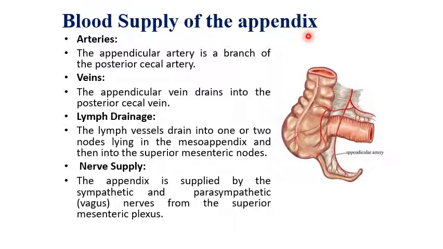Now the blood supply of appendix. The arterial supply comes from appendicular artery, a branch of posterior cecal artery. And anterior and posterior cecal arteries are both branches of the ileocolic artery. So this is the appendicular artery which supplies the appendix. Now the appendicular vein drains into the posterior cecal vein.